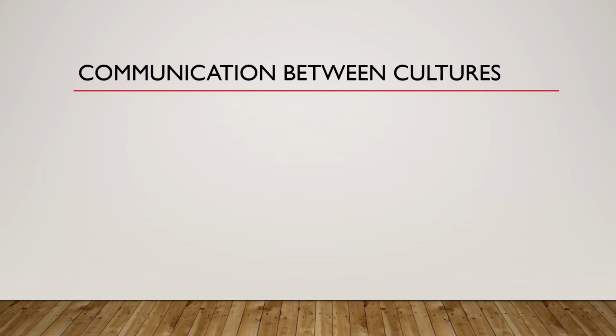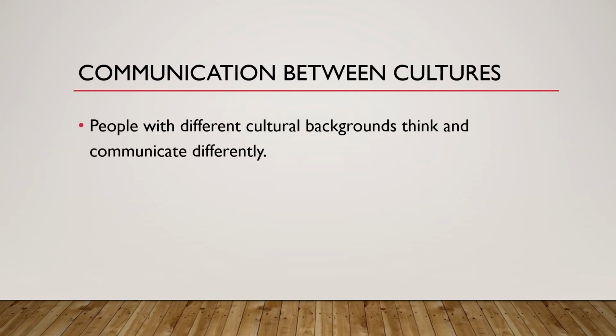When we think about culture, so far we've defined culture and looked at some of the main components of culture, but what's really important is understanding how those things influence our communication with others. It's important to understand because people who have different cultural backgrounds think perhaps differently. They may assign meaning differently, and that's going to influence the communication process, right?